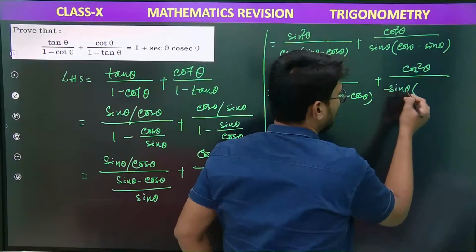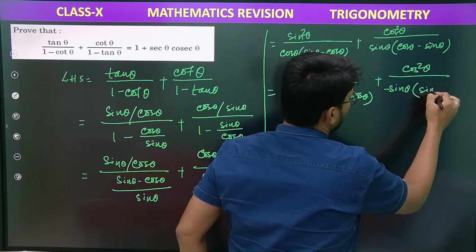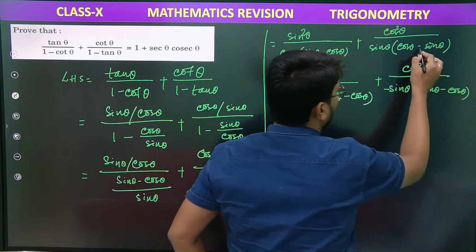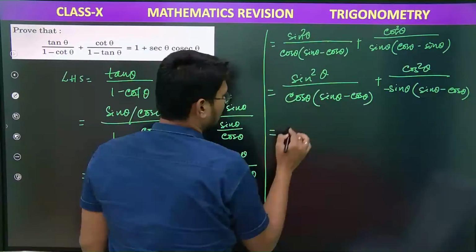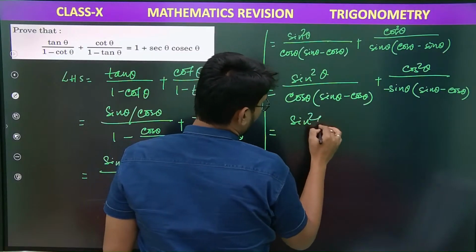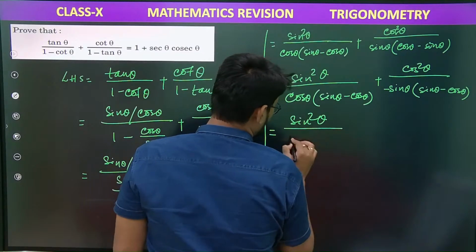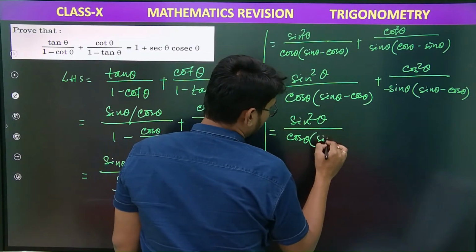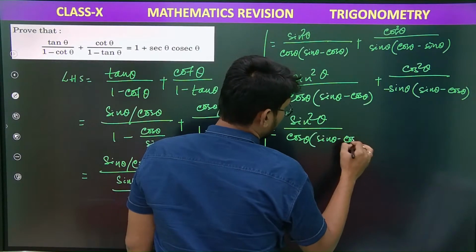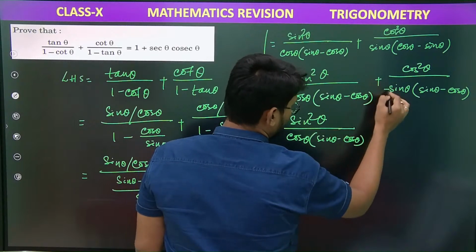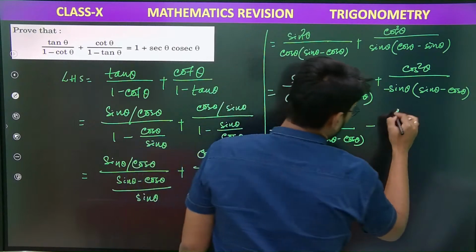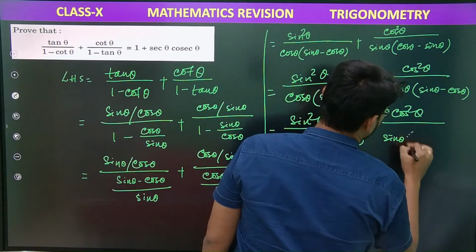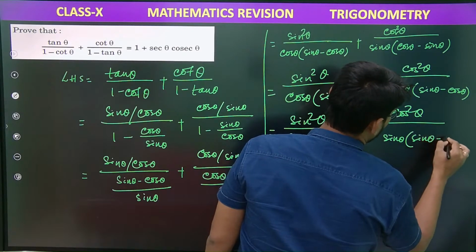So I am writing here minus sin theta into sin theta minus cos theta. After taking minus common, it becomes clear. So therefore sin squared theta by cos theta multiplied by sin theta minus cos theta, plus minus is minus, cos squared theta by sin theta into sin theta minus cos theta.